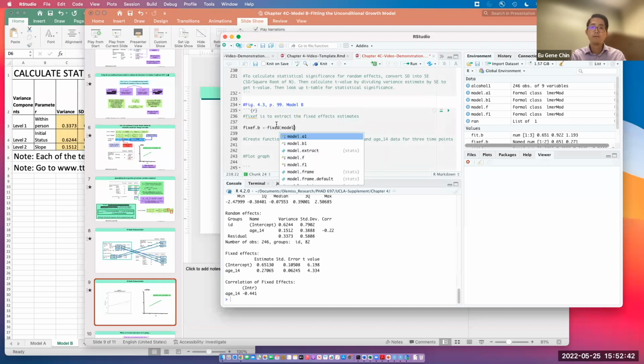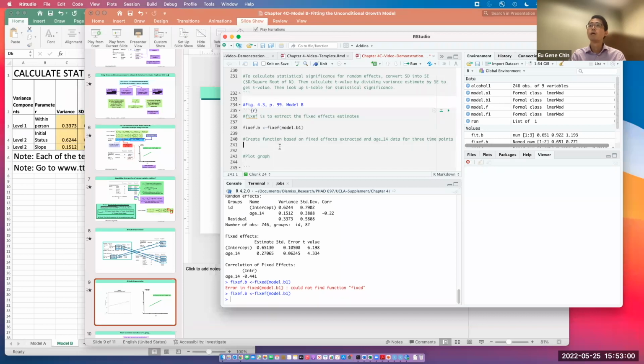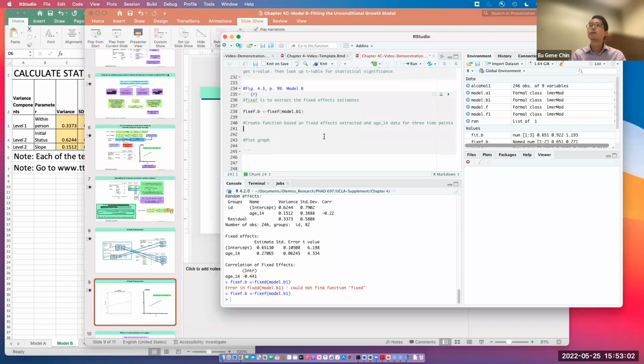I'm going to use the fixef function to extract the fixed effects from model B1, which is the model that we just ran just now. And we're going to create a function based on the extracted fixed effects for the 3 time points.